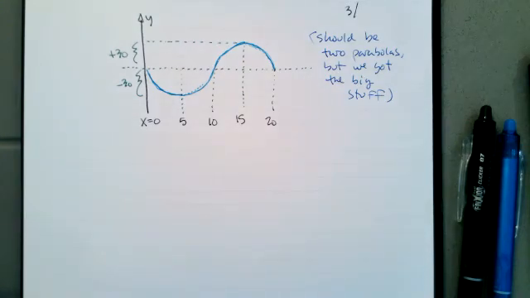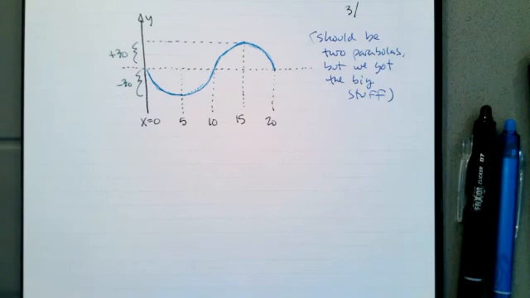So if the graph after 20 stayed constant at -12, there wouldn't be any concavity. If the derivative is neither increasing nor decreasing, then the function will have no concavity. And that means that the function will be linear. So if the derivative is not changing, then the function has no concavity.